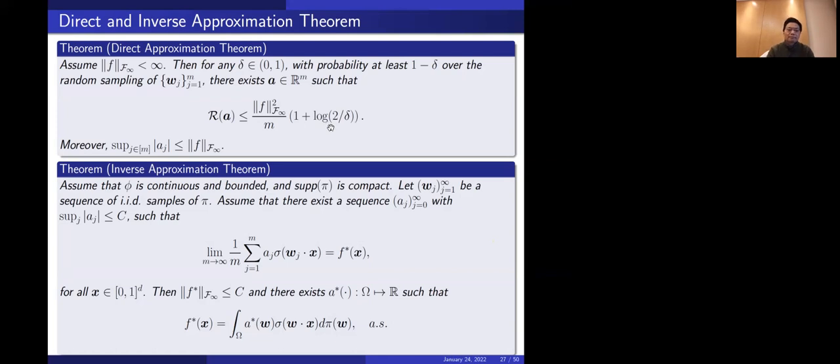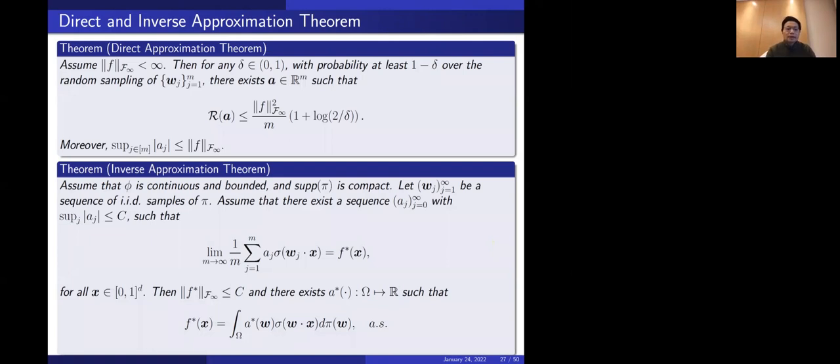logarithmic factors. The inverse approximation theorem states as follows: if the function f star can be approximated by the random feature model, and the coefficients a_j are uniformly bounded, then the F_infinity norm has to be finite, namely f star has to belong to the space F_infinity, and it has this representation.